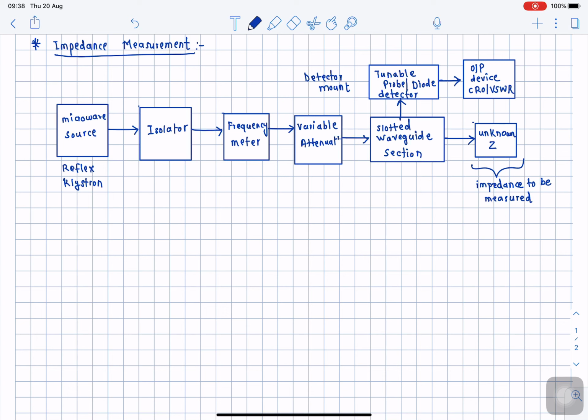Only the impedance which we want to measure is connected at the output. And the slotted waveguide section is terminated into a tunable probe via the output device, and here as the output device we can make use of either a CRO or the VSWR meter. Right, now let us see the procedure to measure the impedance.